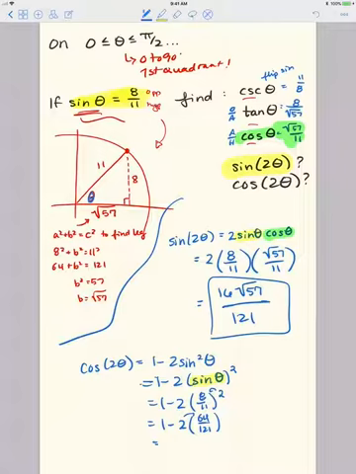It's like 2 over 1. So I get 1 minus 128 over 121. And then when I subtract, 121 over 121 minus 128, I get negative 7 over 121.